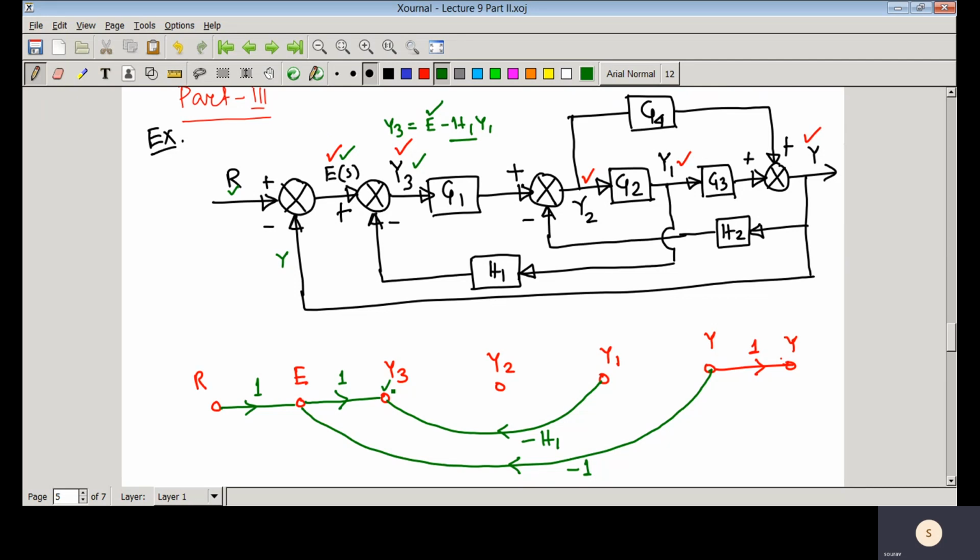Similarly, you can see Y2. So Y2 equal to G1 Y3. That means there would be one branch and its gain is G1.